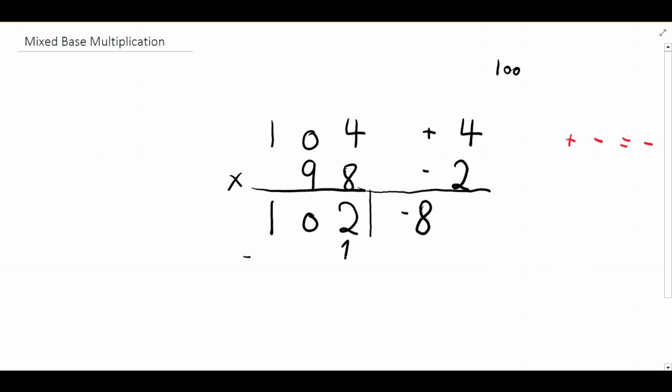So just take the predecessor. You have 101. Oh, and by the way, here it's not just minus 8. If you have seen my previous video, you'll know 100 has 2 zeros, so we must have 2 digits here. So it's minus 08.